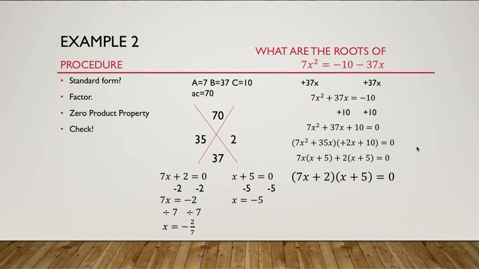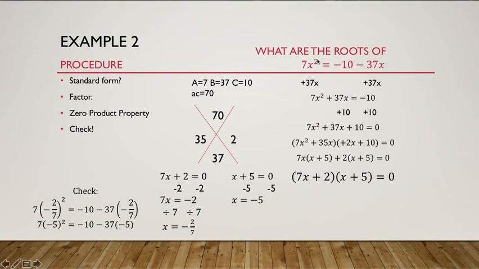So we'll take my negative 2 sevenths and the negative 5 and substitute them and make sure that the left side does actually equal the right side. By substituting 7 times negative 2 sevenths squared, I would just put that in my calculator, see what that equals. And then for my right side, negative 10 minus 37 times negative 2 over 7, I would put that into my calculator, and those should give me exactly the same decimal.